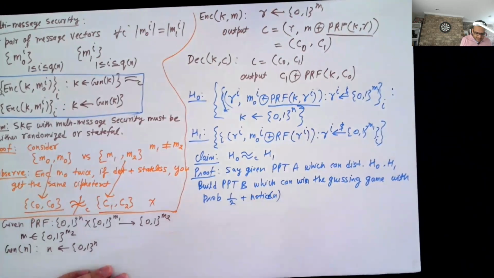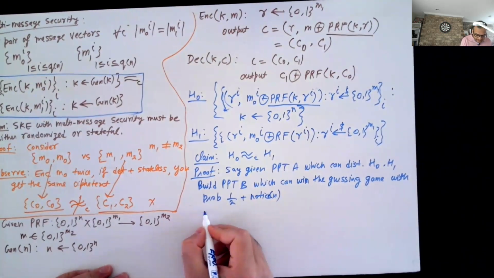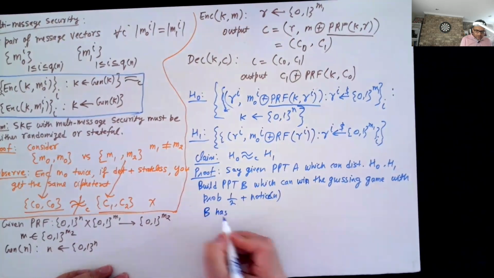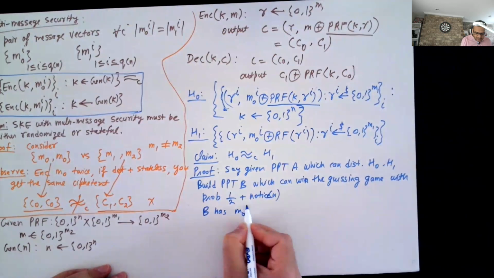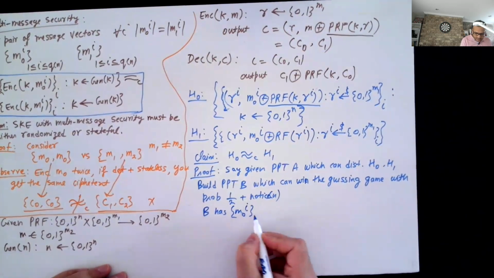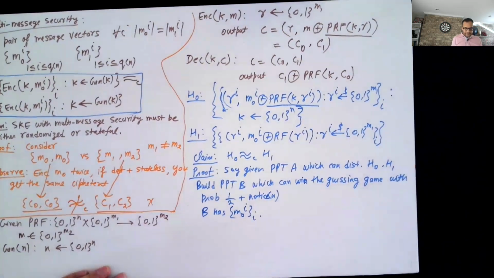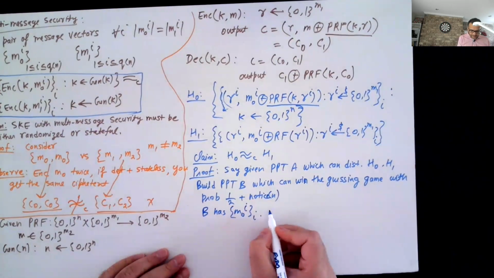So how does B work? So note that B has M0i's all inbuilt inside.